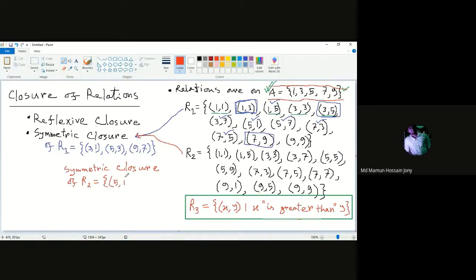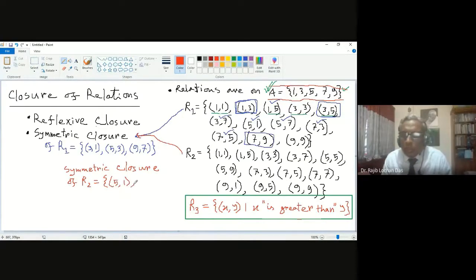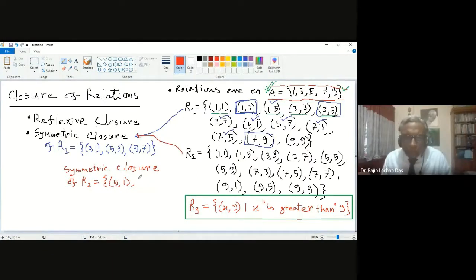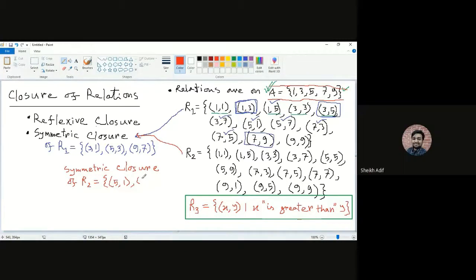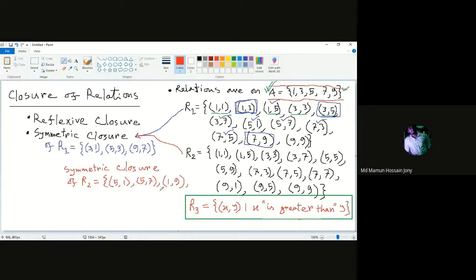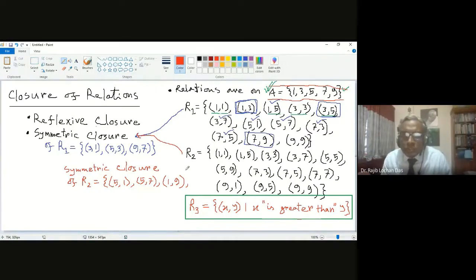So 5 1 and then 5 7. Sir, 1 9, and 1 9. Yes, sir. That's it. Okay, so that is it. So these are the elements in the symmetric closure of R2.